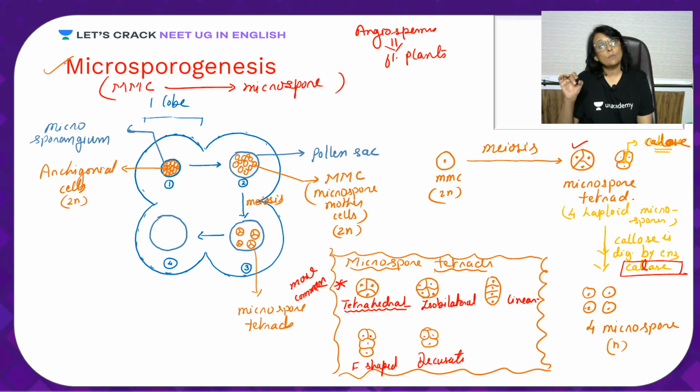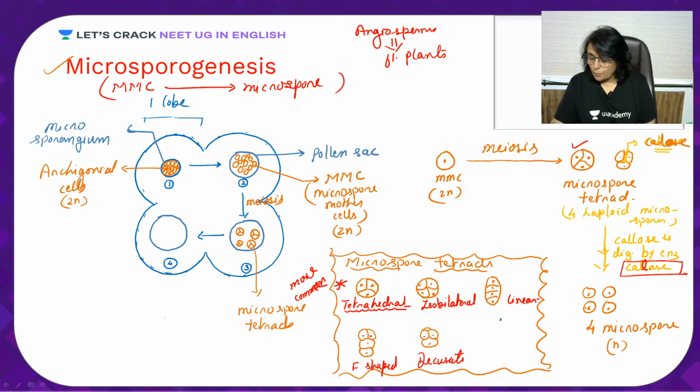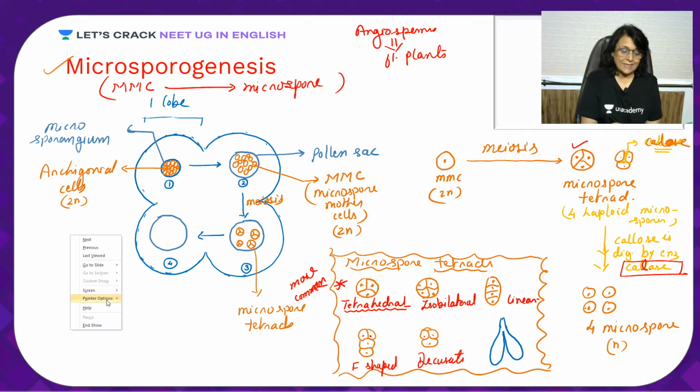Now here we will take one more example. When we talk about microspore formation, this is the most common one. But in Calotropis, the pollen sac forms balloon-like structures, and the pollen grains are packed inside them.